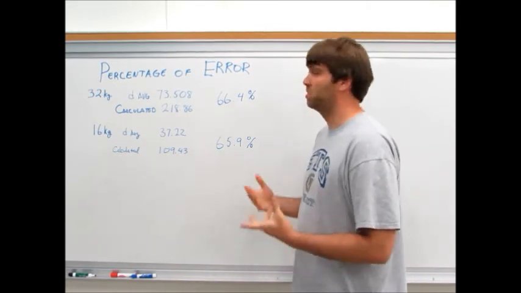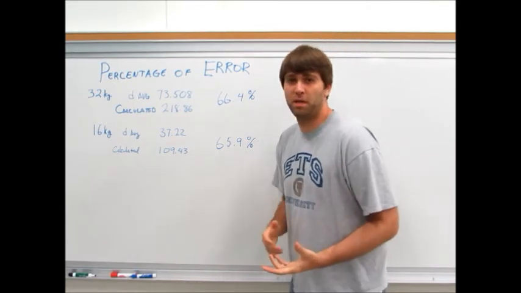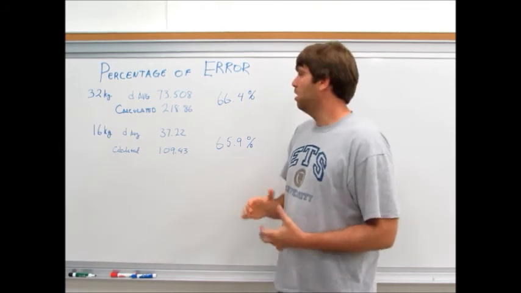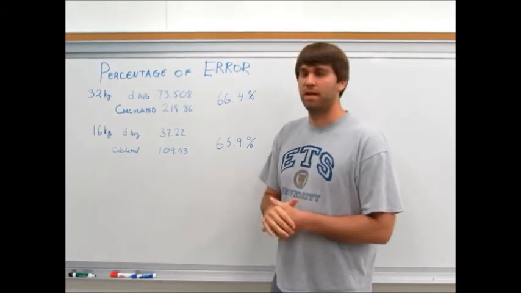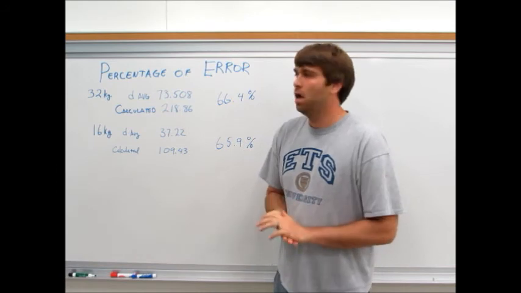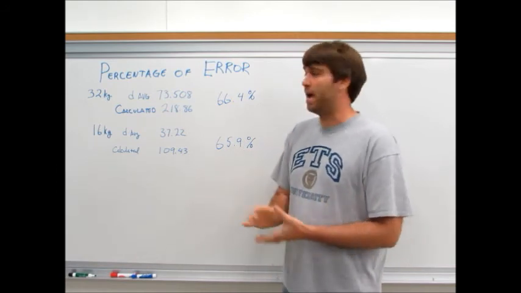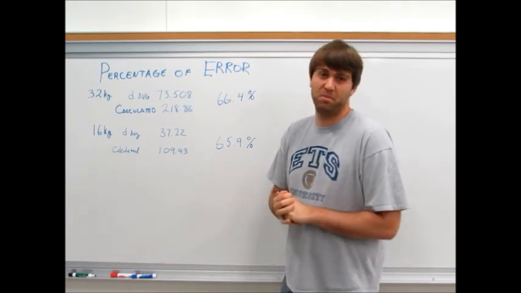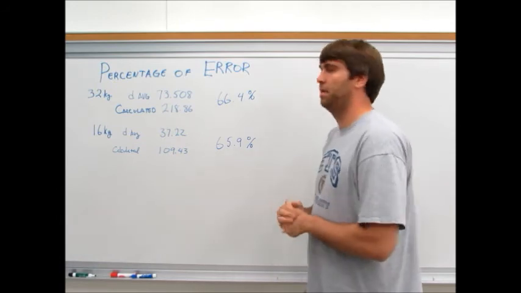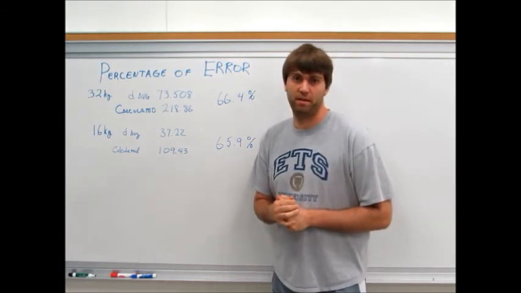For our percentage of error, on the 32 kilogram counterweight, we had an average distance of 73.508 meters. Our calculated distance was 218.86 meters. The percentage of error ended up being 66.4%.